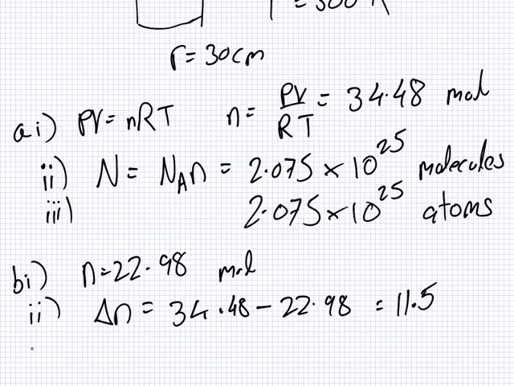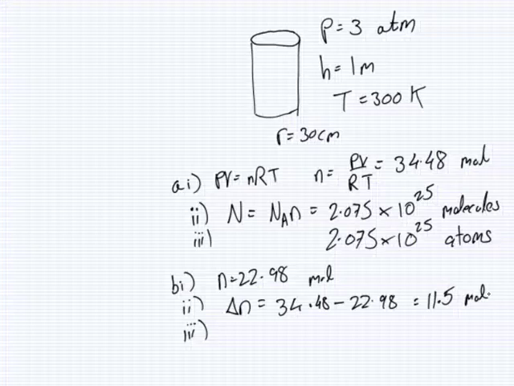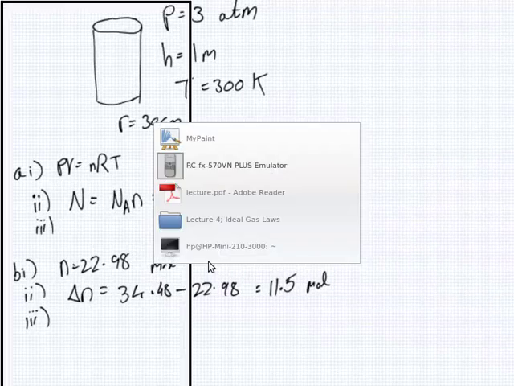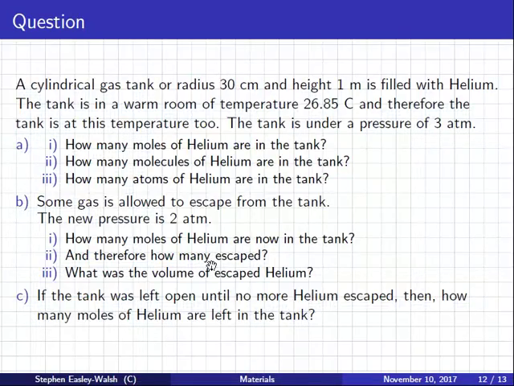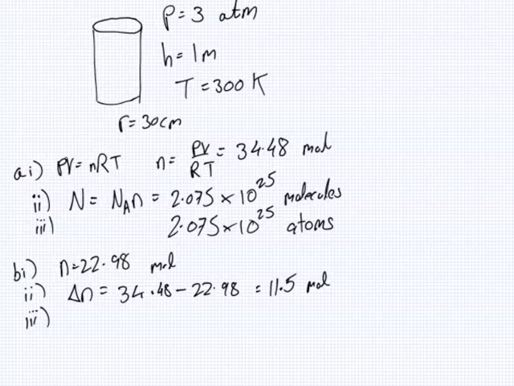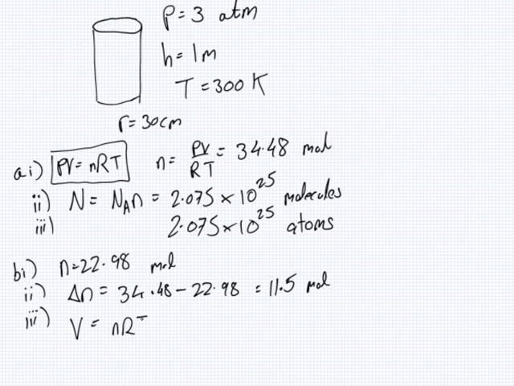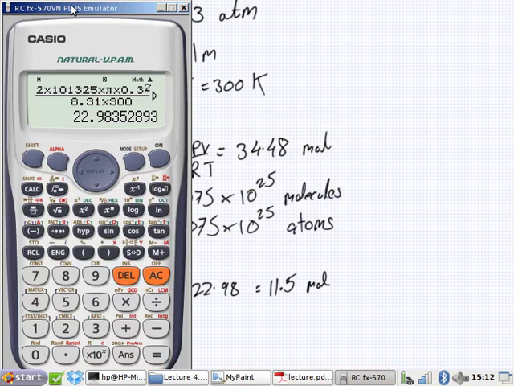Okay, part 3. What was the volume of the escaped helium? So the helium that left, it has a volume. What is the volume? Well, we'll have to use this formula. So we can say V equals nRT over P. Okay, so let's type that in now because that's a different formula.